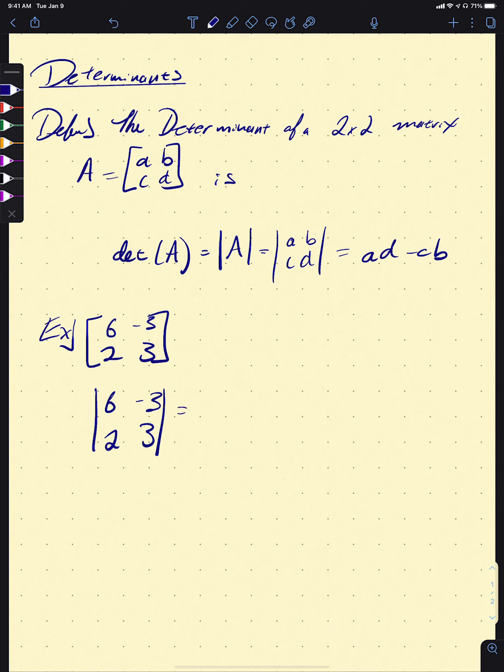Well, that's going to be 6 times 3 minus 2 times -3, right? Which looks like to me that's going to be 18 plus 6, or 24. Okay. For these 2 by 2s, it's not particularly difficult to calculate. You just need to remember, you multiply that and then you subtract that.